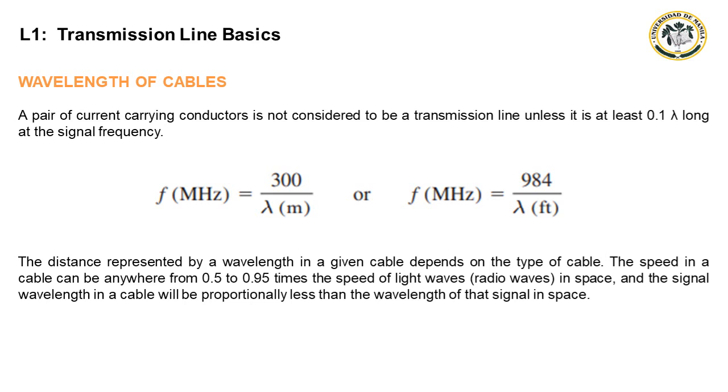The electrical length of conductors is typically short compared to one wavelength of the frequency they carry. A pair of current carrying conductors is not considered to be a transmission line unless it is at least 0.1 wavelength long at the signal frequency.